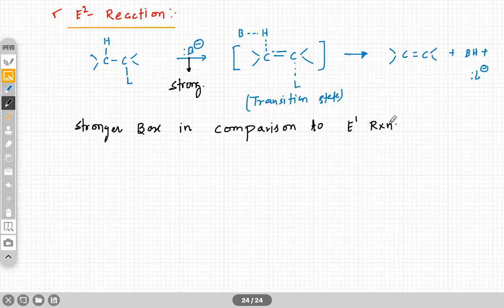Like the same thing we had in SN1 and SN2, right? SN2 also requires a stronger base. This also requires a stronger base. It is a single step reaction.